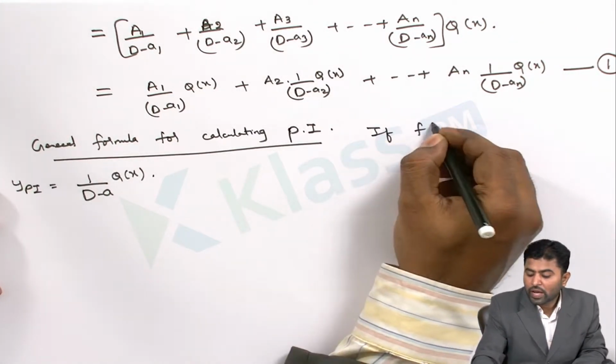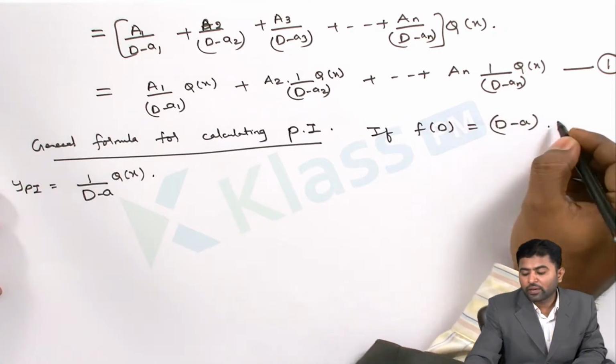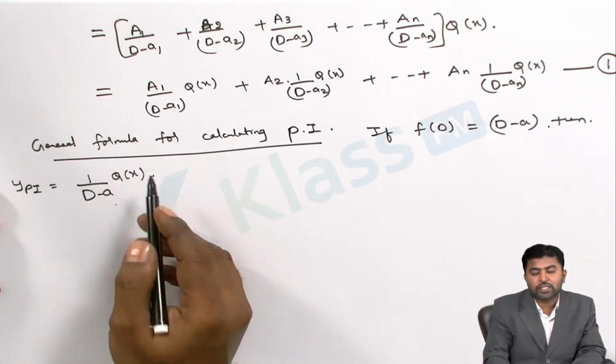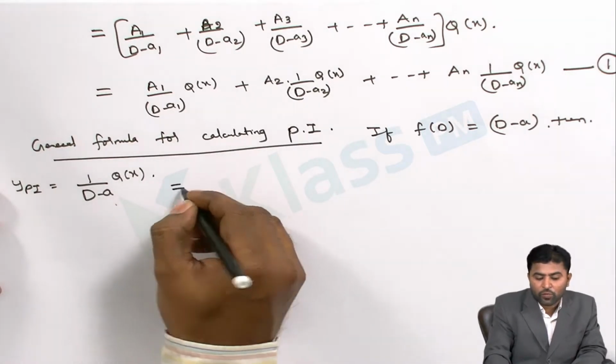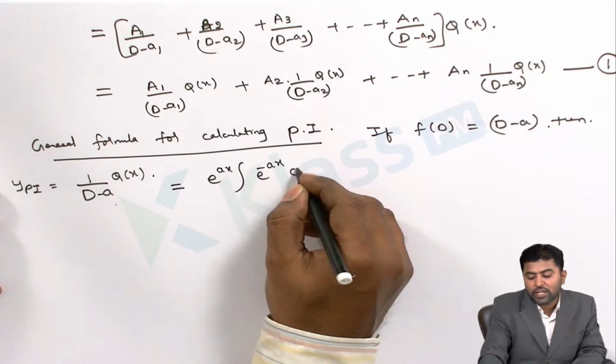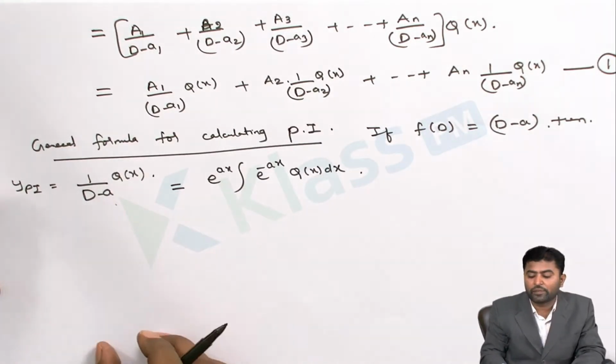If f of D is of the form D minus a, then y PI is equal to 1 by D minus a into Q of x, which is equal to e power ax times the integration of e power minus ax into Q of x dx. How are we getting this formula?